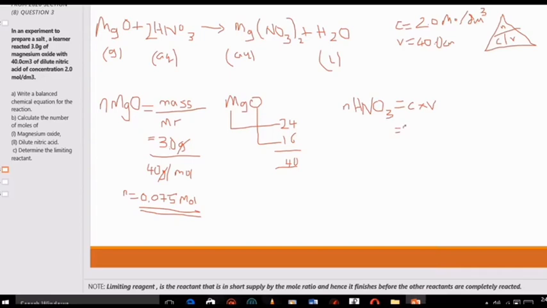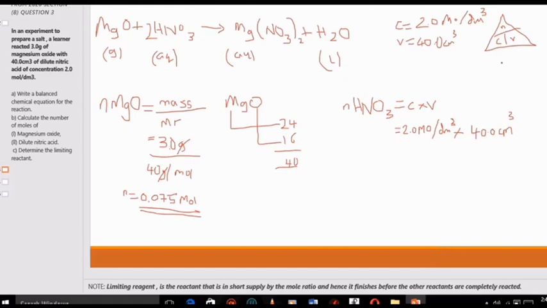The concentration we have been given is 2.0 mole per cubic decimeter, multiplied by the volume they have given us, which is 40.0 cubic centimeters.